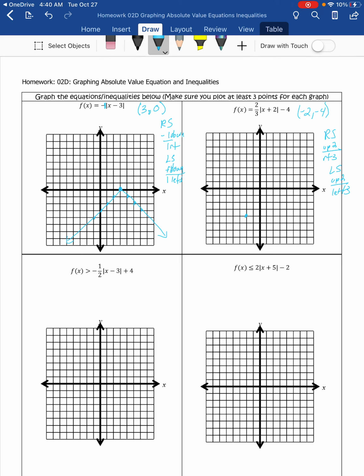Ooh, there we go. And I'm going to go up 2, right 3, up 2, right 3, up 2, right 3. And then on the other side, I'm going to do up 2, left 3, up 2, left 3. And I just simply connect my points. And there I go.